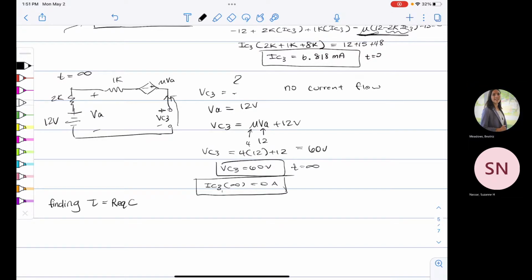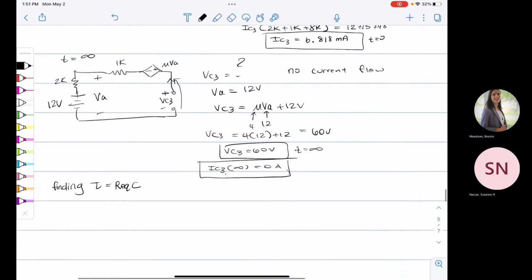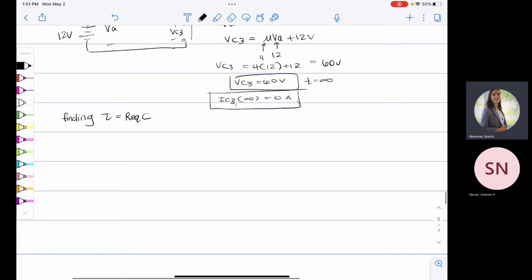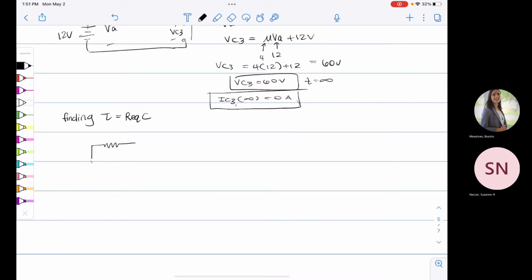Right. So what we're going to do is analyze the circuit. Whenever we want to find our equivalent, we're going to short out all the sources and just analyze the circuit. So looking at the t equals infinity circuit, we have plus or minus VA.